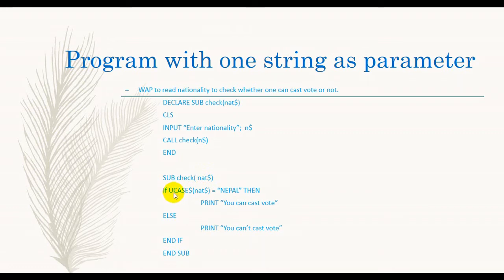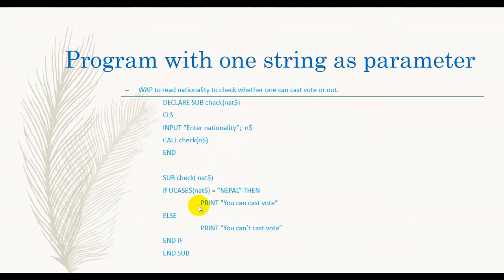So if UCASE$, that means converting whatever input is available into uppercase, if it is Nepal, then we can write print you can vote. As it is said here nationality, there may be Nepali, so you can write here Nepali.